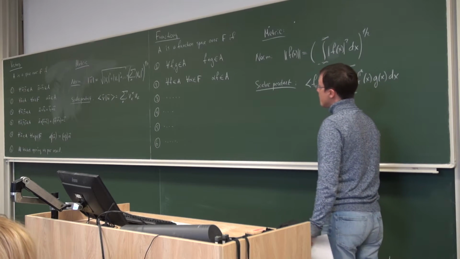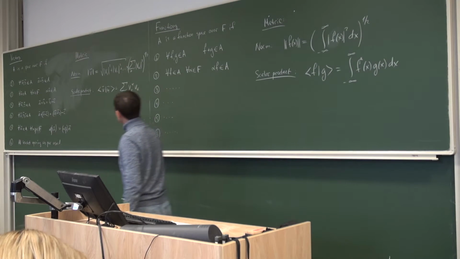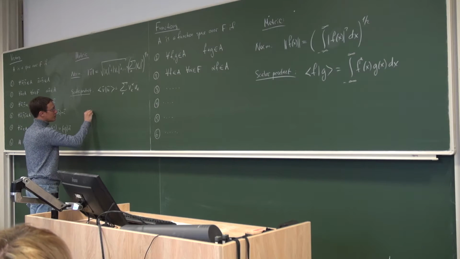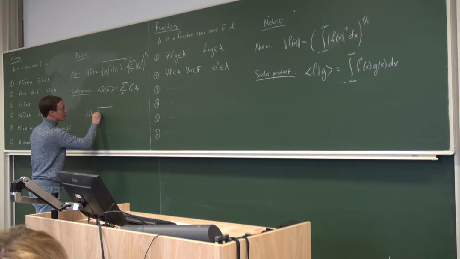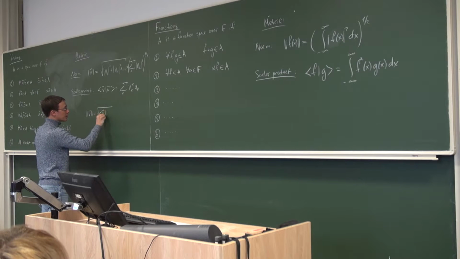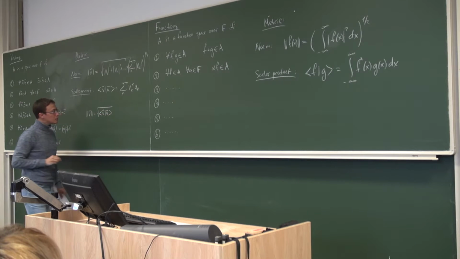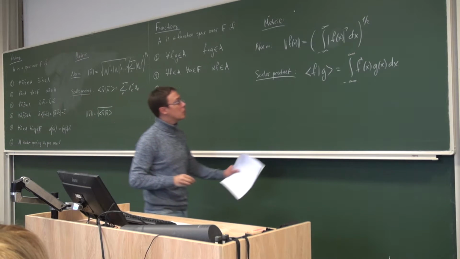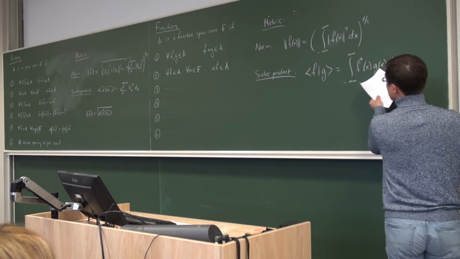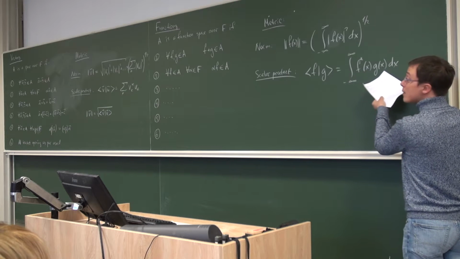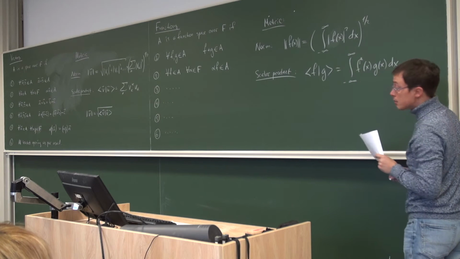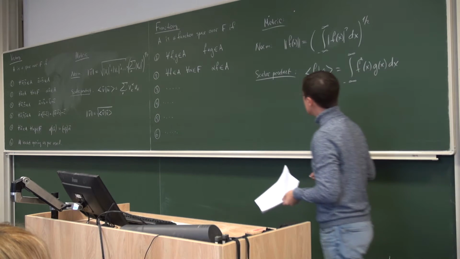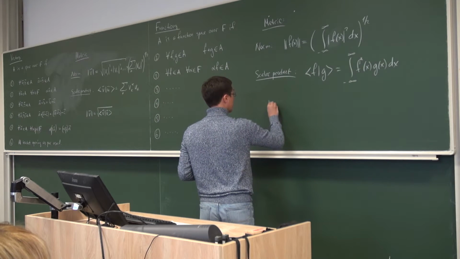And of course, remember that for vectors, the norm of a vector was the square root of a product of a vector with itself. And the same is true for functions. If you put f instead of g here, we will have f star f, which is f absolute squared, and so the scalar product of the function with itself is still the square of the norm.